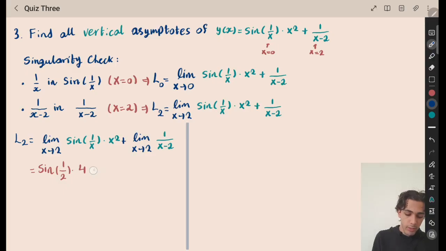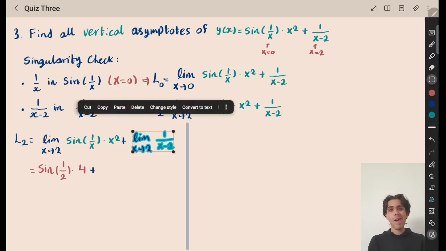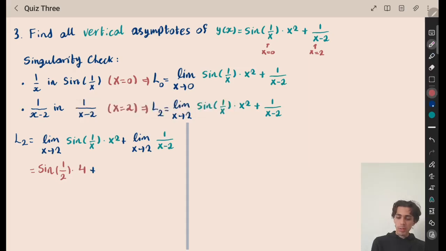And then the second limit, is there really anything we can do with it? Well, I can choose u to be equal to x minus 2. Then if x tends to 2, then u tends to 0.